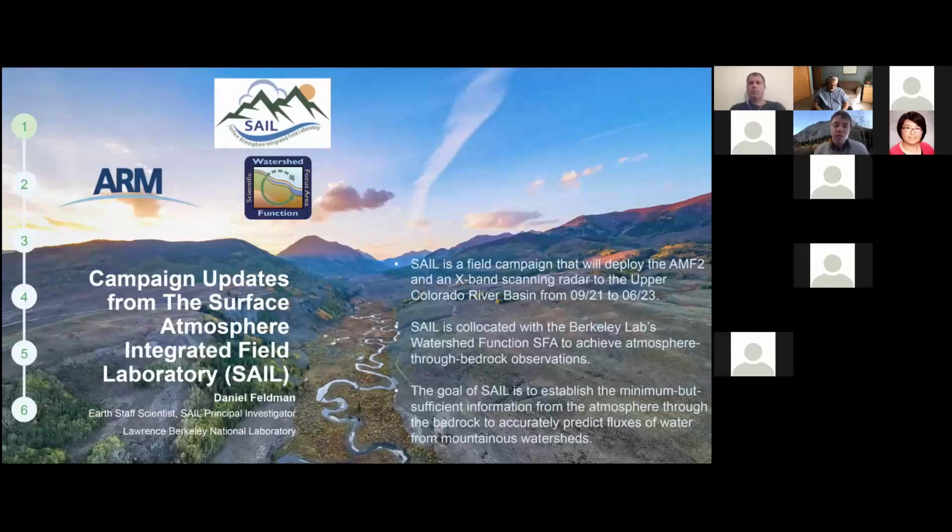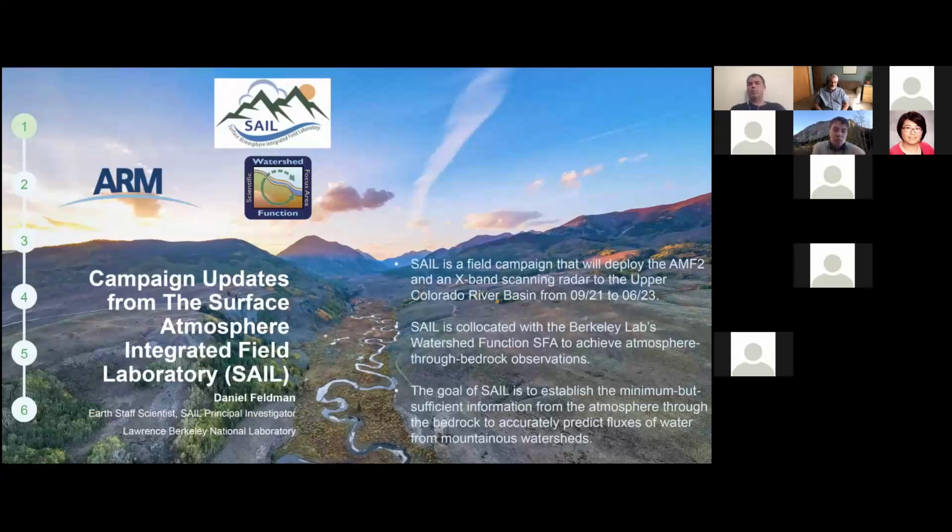And the big picture here is that we're looking to establish the minimum but sufficient condition ultimately to understand the atmosphere through bedrock processes that are needed to accurately predict the fluxes of water through mountainous watersheds.